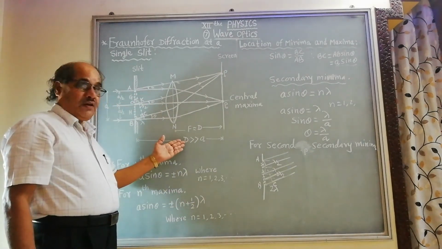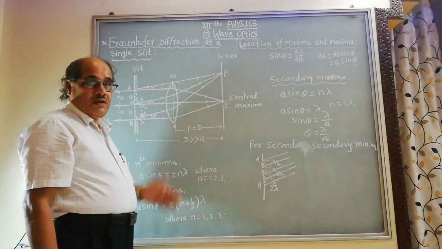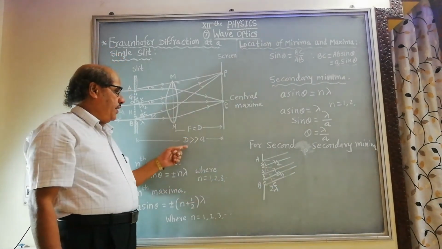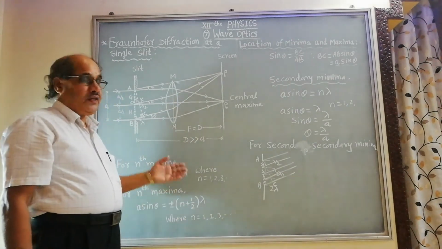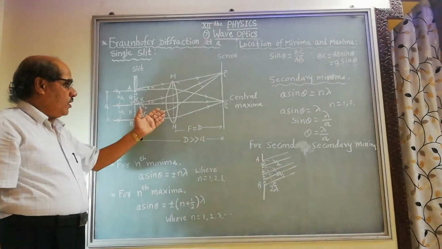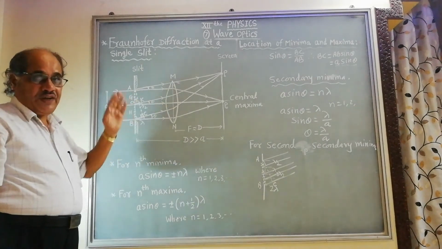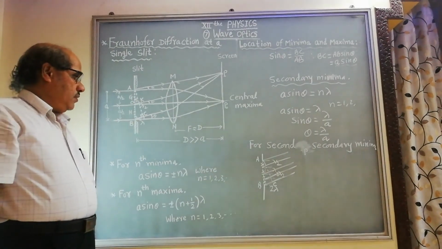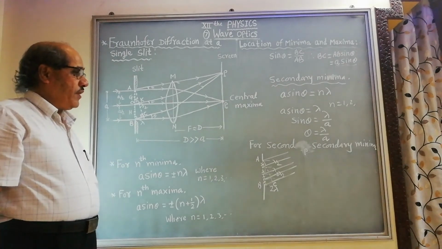So this capital D distance is about 10 meter, and that distance D is nearly equal to the focal length of this convex lens. So this is the Fraunhofer diffraction.